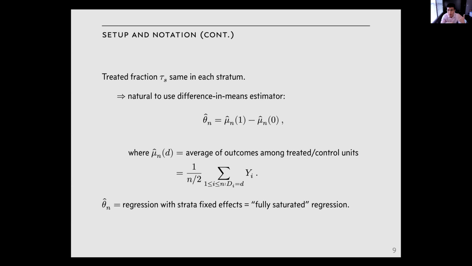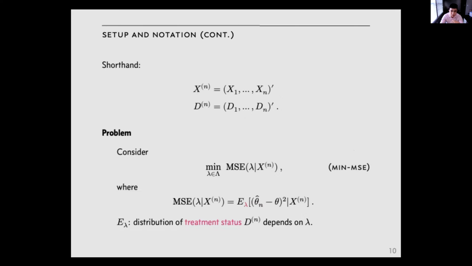So you regress Y on D, and also a bunch of strata fixed effects, and also the full interaction between the strata fixed effects and your treatment indicator D. It turns out that in our current setup, because the treated fraction is the same within each stratum, all of those estimators are the same. So the difference in means theta hat is quite general.